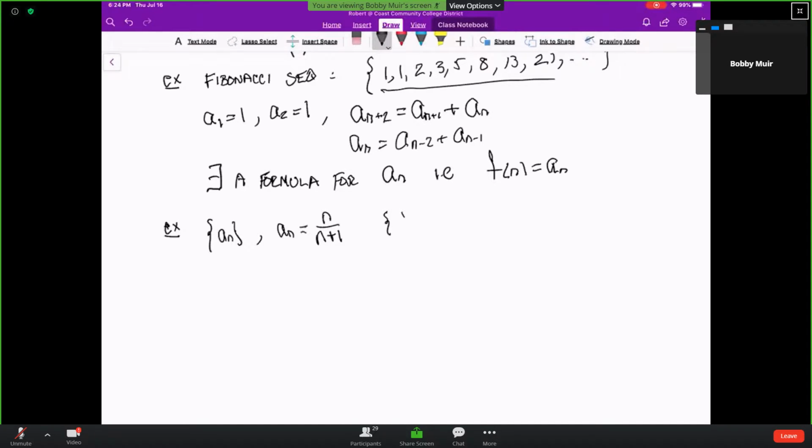The first guy is going to be 0, then 1/2, 2/3, 3 over 4, 4 over 5. So what does it look like is happening as n shoots off to infinity here? What do these numbers seem to be going to? What do you think?